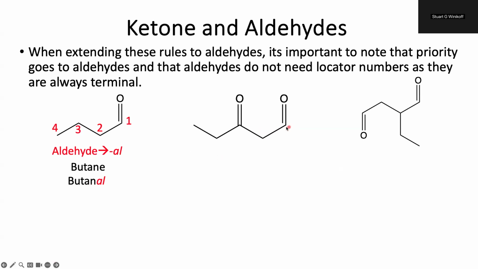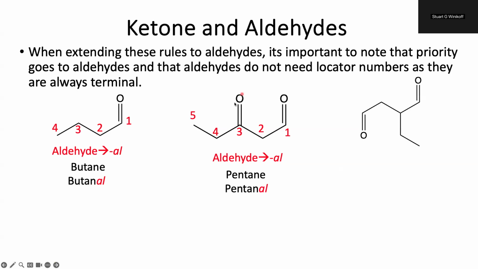Then we can go ahead and extend this. So in this case, I have a ketone and an aldehyde. Aldehydes are higher priority than ketones. So again, this is still going to get that -al suffix. I have 5 carbons, so it's going to be a pentane, so pentanal. Now, numbering the system, I don't need to include the 1 on the -al because it's already at the 1 position.